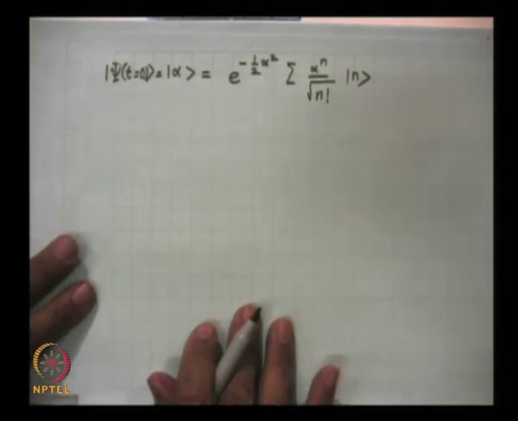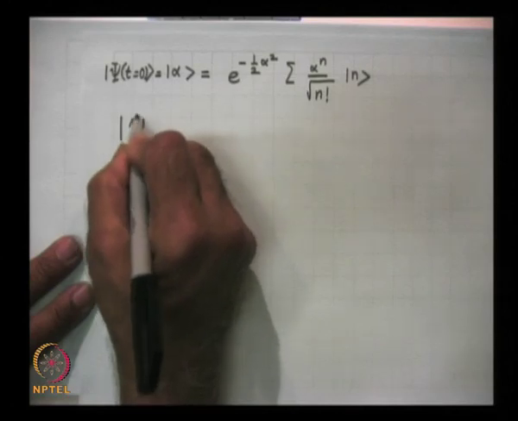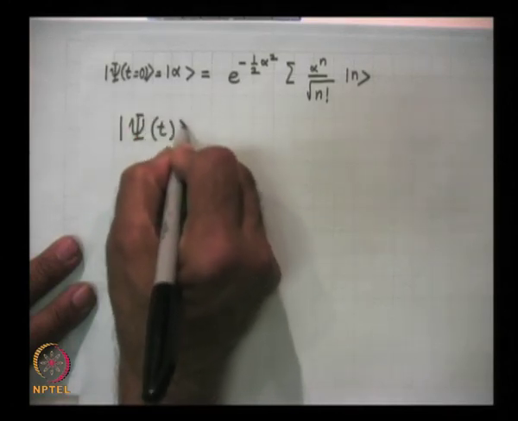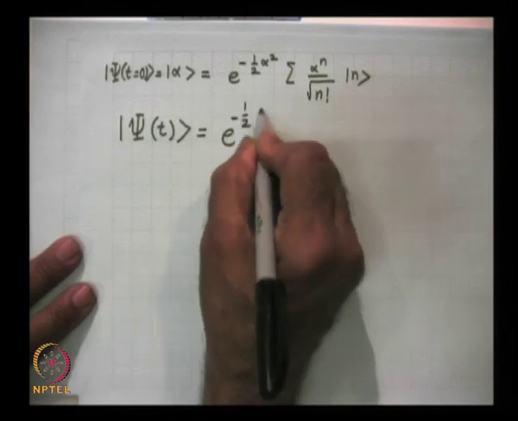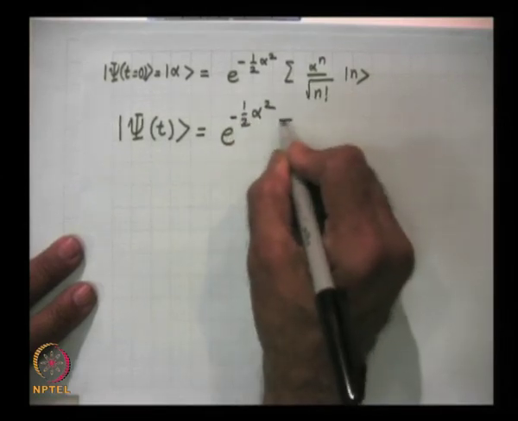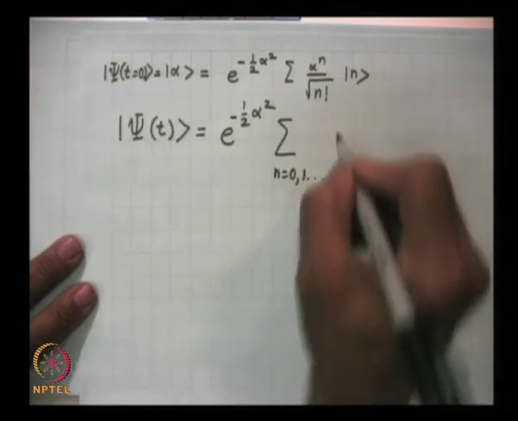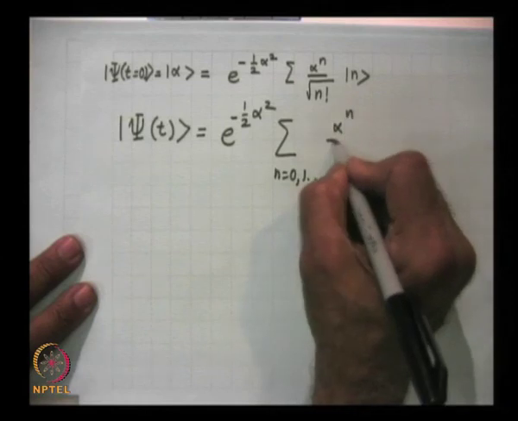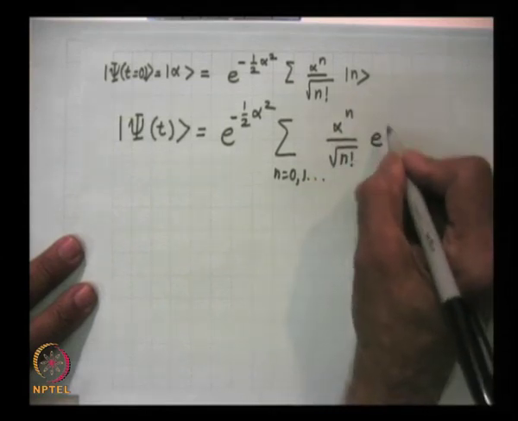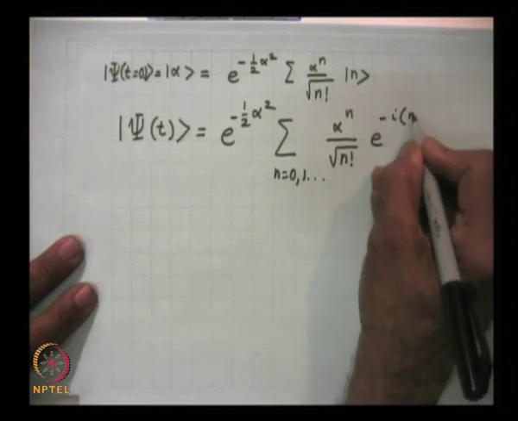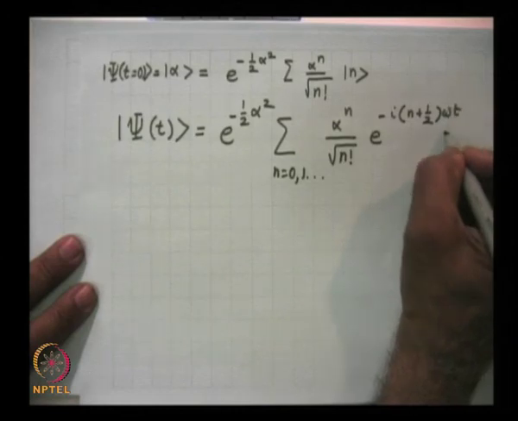How will it evolve with time? So, psi of t will be equal to e to the power of minus half alpha square summation, n equal to 0, 1, 2, 3, alpha to the power of n divided by square root of n factorial, e to the power of minus i n plus half omega t, ket n.